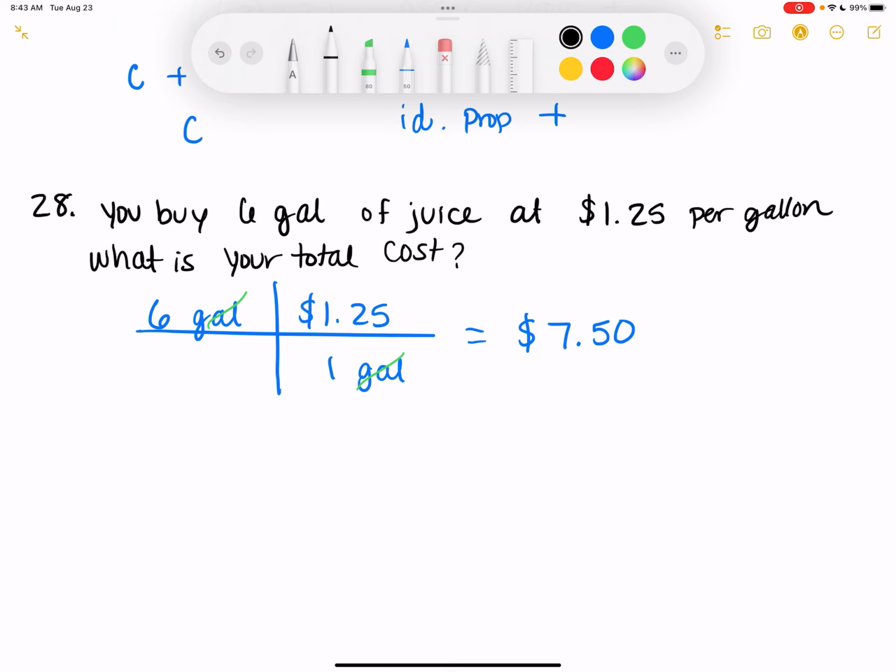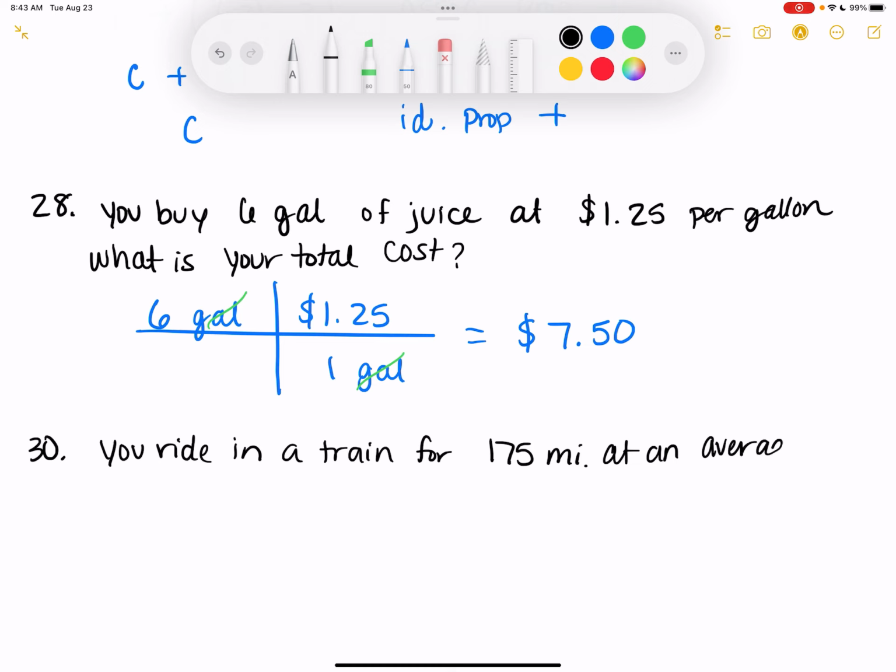Let's see, 30. You ride in a train for 175 miles at an average speed of 50 miles per hour. How many hours does the trip take?